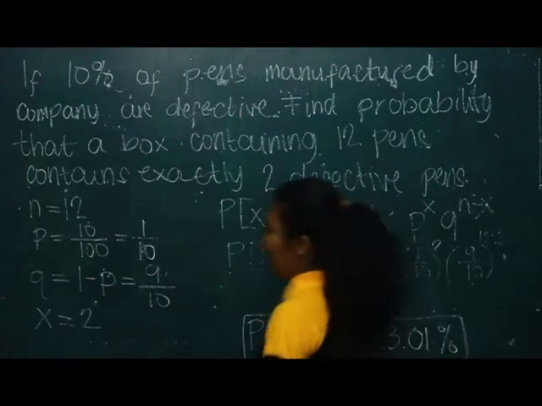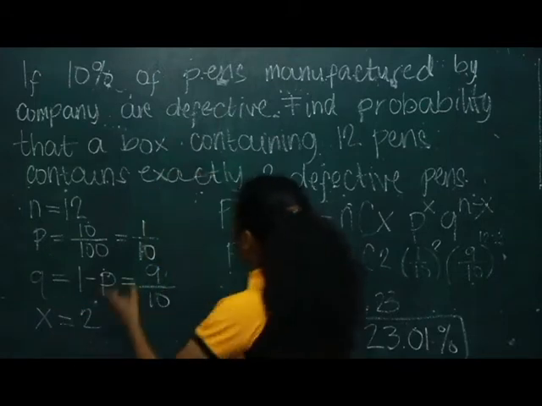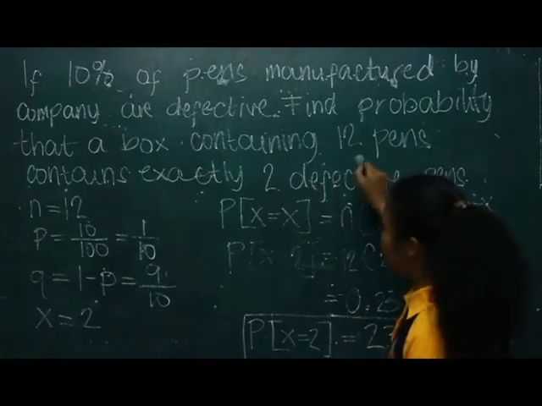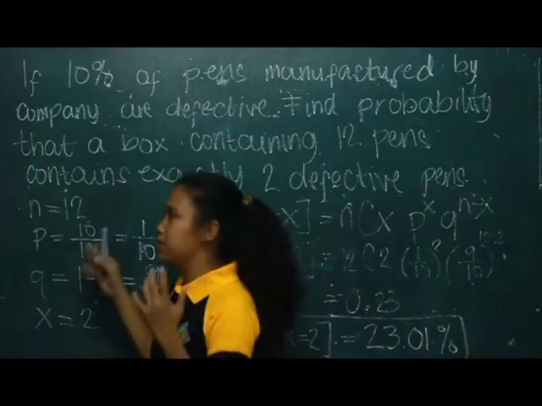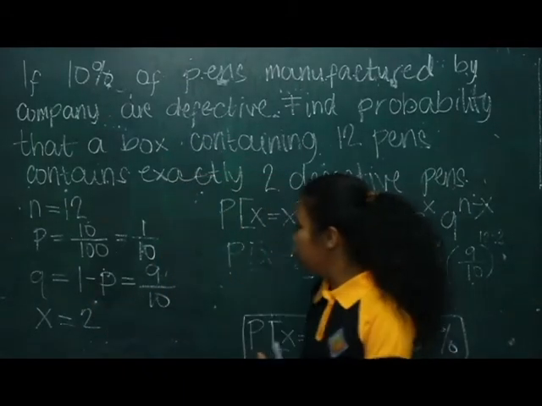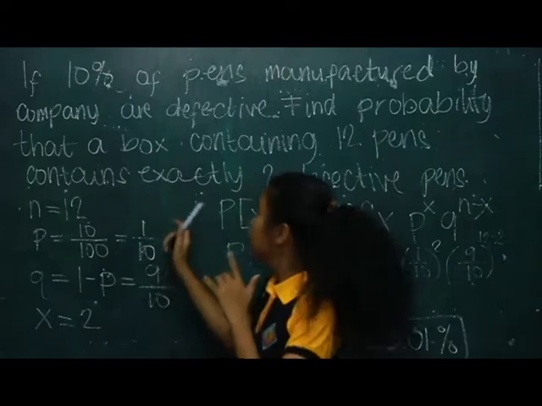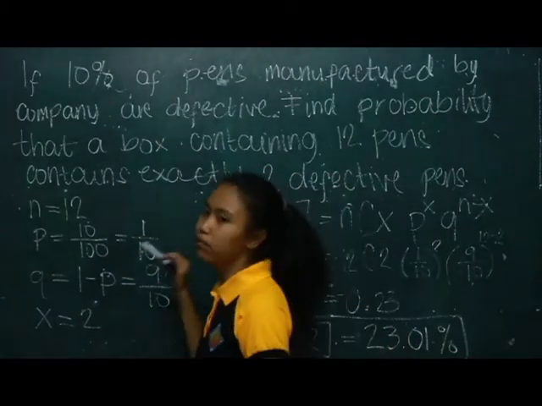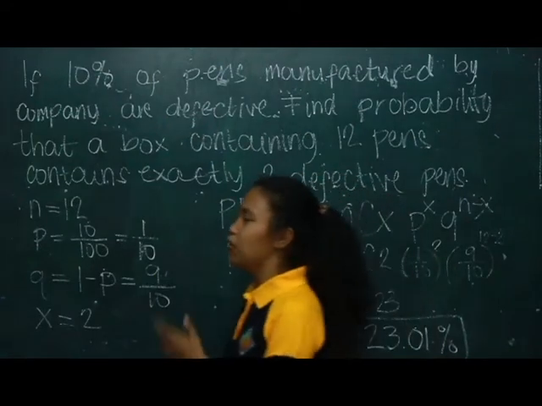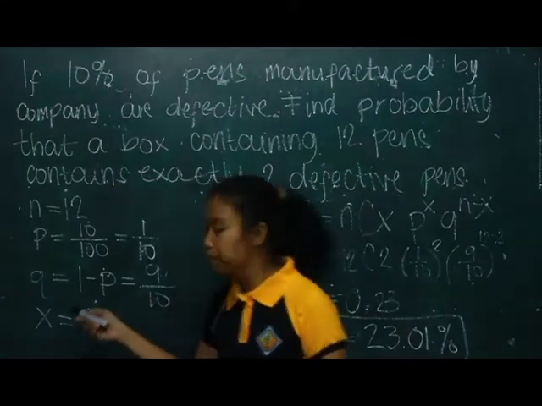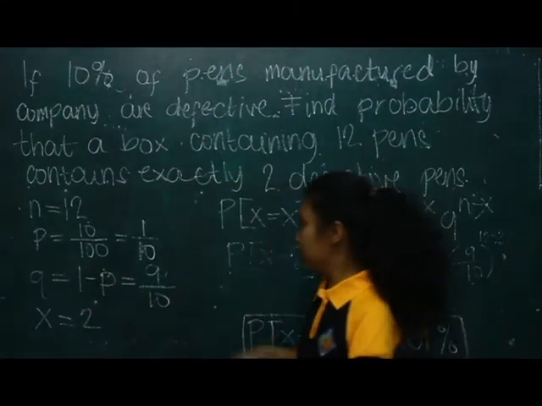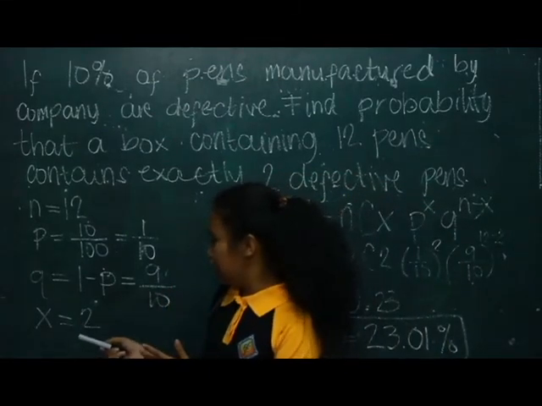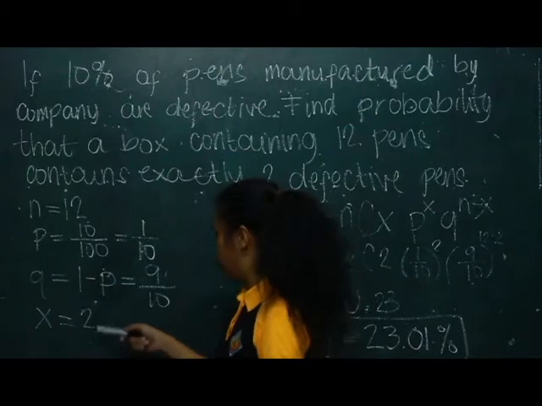So, given n, the finite value, is equal to 12, and the probability of success is 10%, which is 10 over 100, so it is equal to 1 over 10. Then the probability of failure, 1 minus p, is equal to 9 over 10, and the value asked for is x equal to 2.